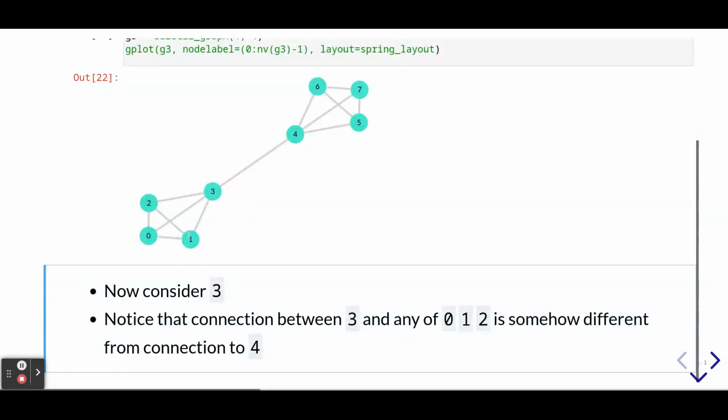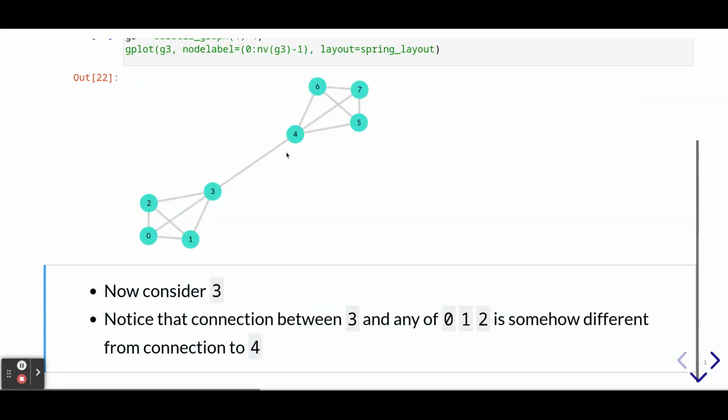Now, I want to point out here how not all of these nodes are playing the same role in the graph. For example, let's pay attention to node 3 right here. It has a total of 4 edges. It's connected to all of nodes 0, 1, 2, and 4.